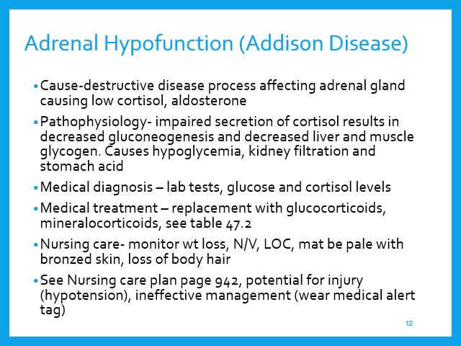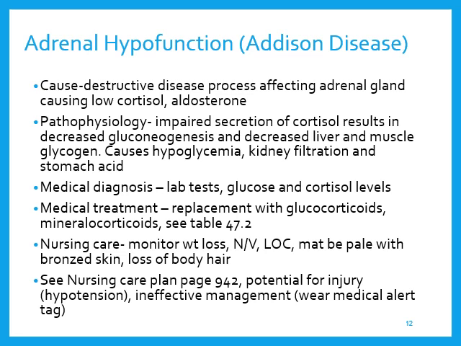Medical diagnosis is made by lab tests, the glucose and some cortisol levels. The medical treatment is replacement with glucocorticoids and mineralocorticoids. So see table 47.2 for that. It talks about the treatment, those particular steroids.